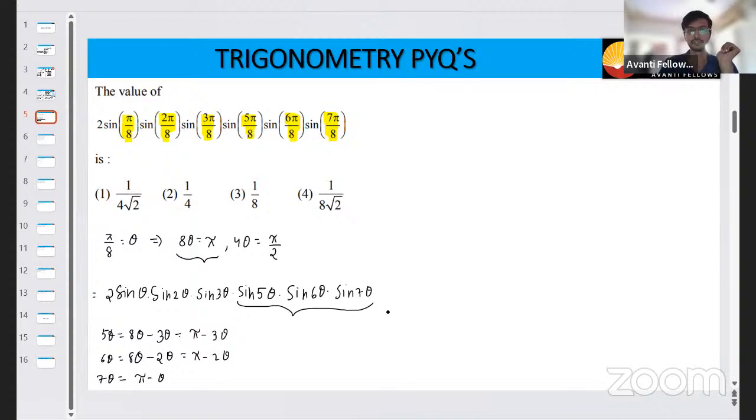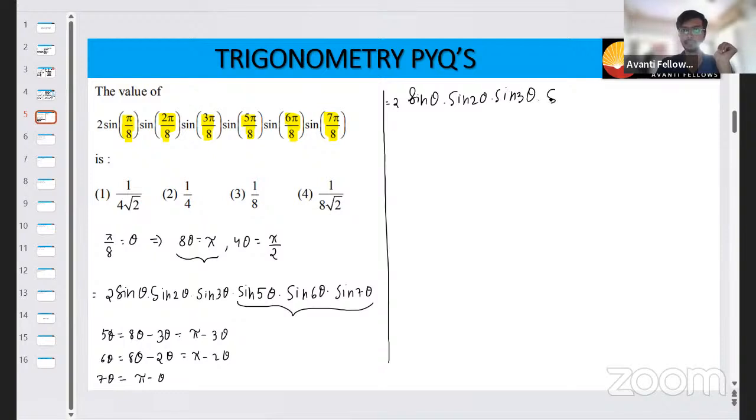So our expression will now become 2 sine theta into sine 2 theta into sine 3 theta into sine 3 theta sine 2 theta sine theta.